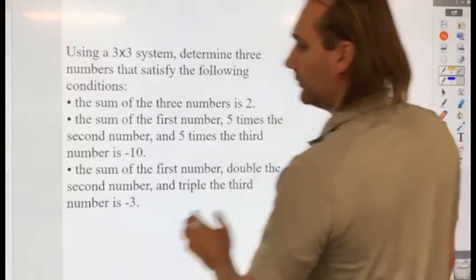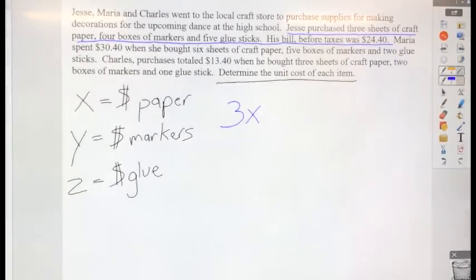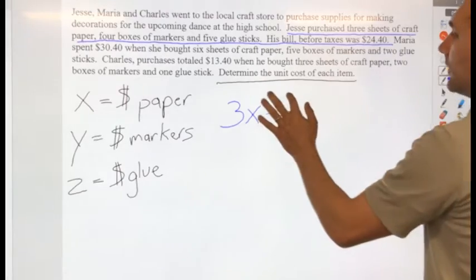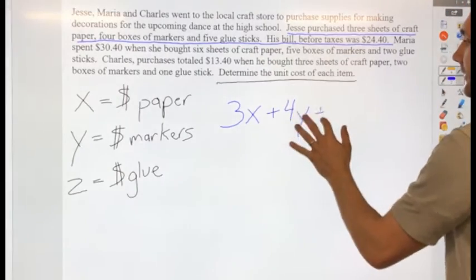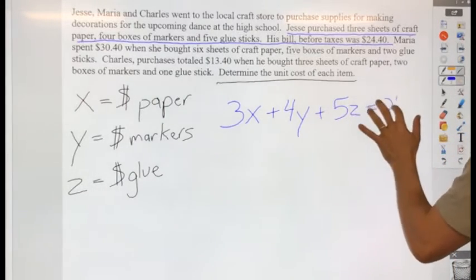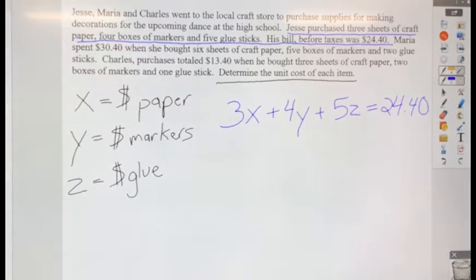So 3 times the price of paper, plus 4y, so 4 times the price of markers, plus 5z, equals his total bill of $24.40. So there is Jesse.